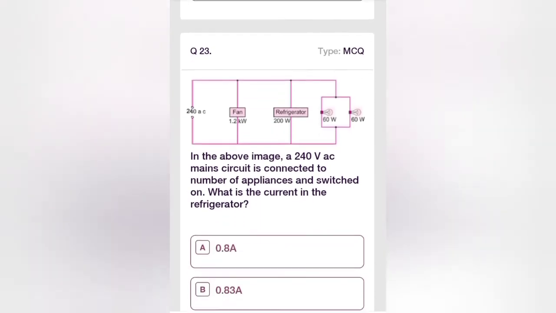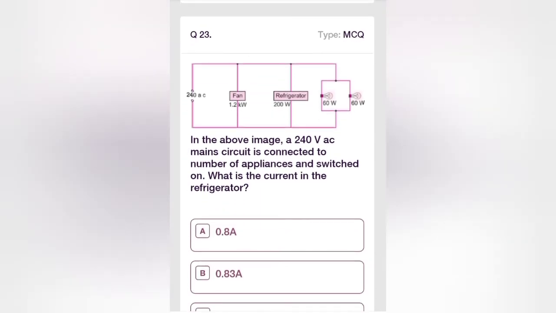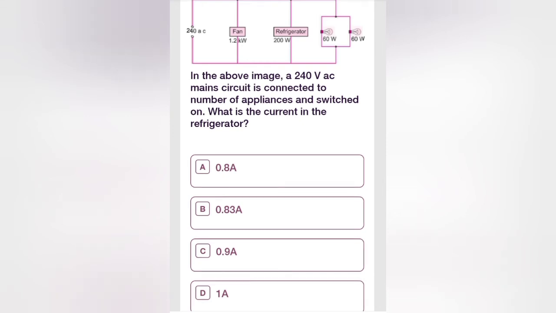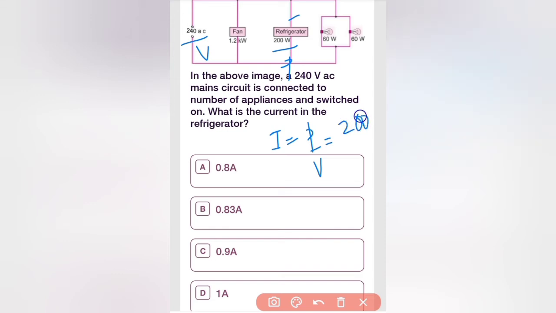In the above image, a 240 volt AC mains circuit is connected to a number of appliances and switched on. What is the current in the refrigerator? See, this is the refrigerator and the power is given and the voltage is given. When power and voltage are given, how will you find the current? Current is equal to P by V. So here 200 divided by 240.